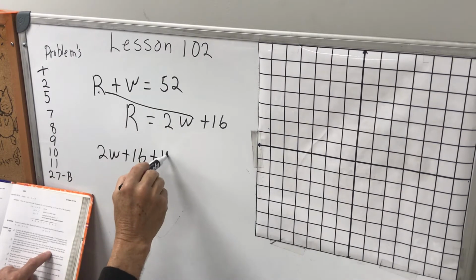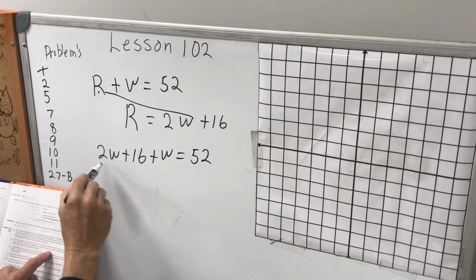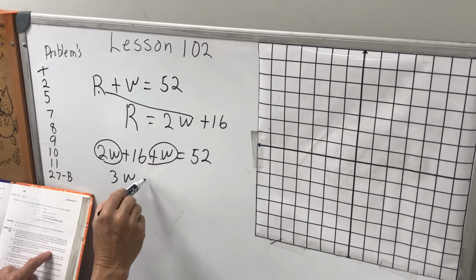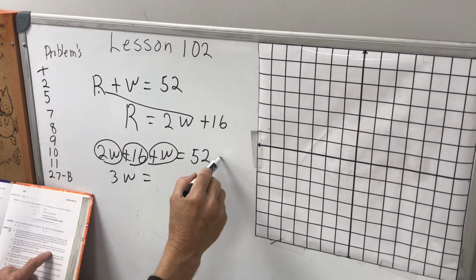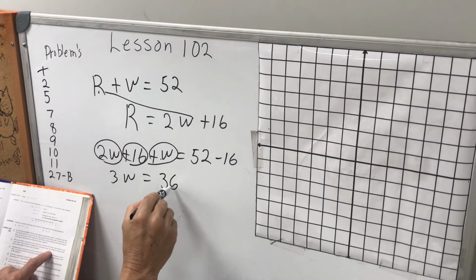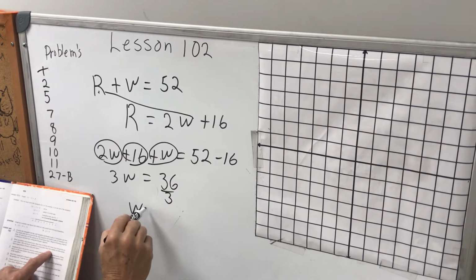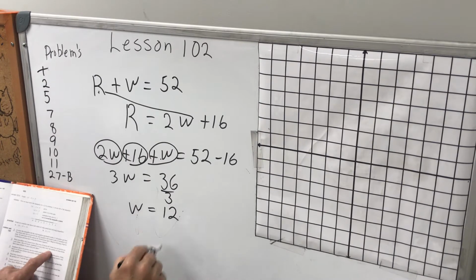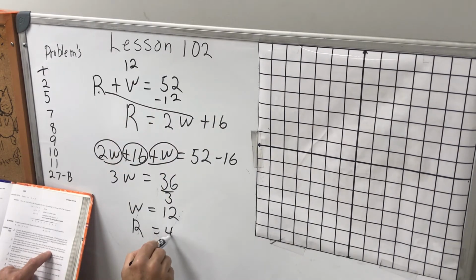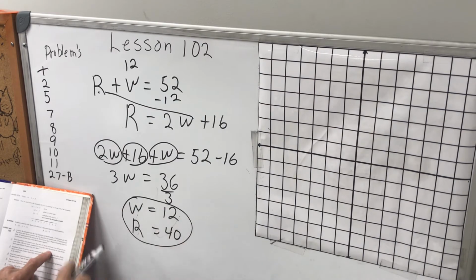And then plus W equals 52. 2W and 1W, that's going to be 3W equals, take the positive 16 and put it on this side, 52 minus 16. I should know that in my head, and I don't. 52 minus 16 equals 36. Divide that by 3, so the white equaled 12. Now if the white equaled 12, then the red would equal 52 minus 12, which is 40. White is 12, red is 40.